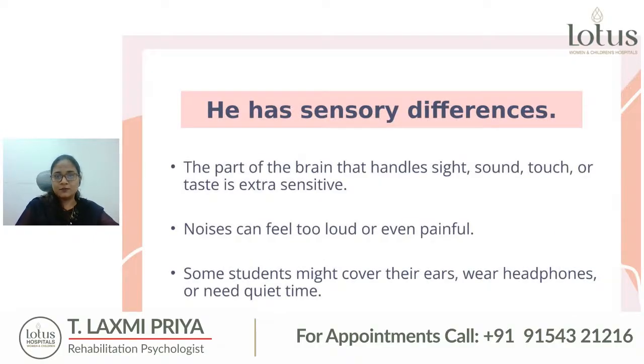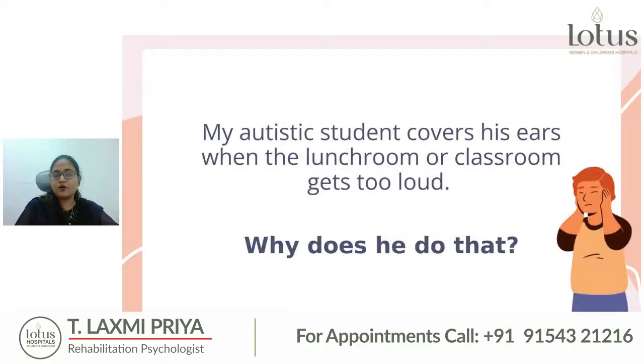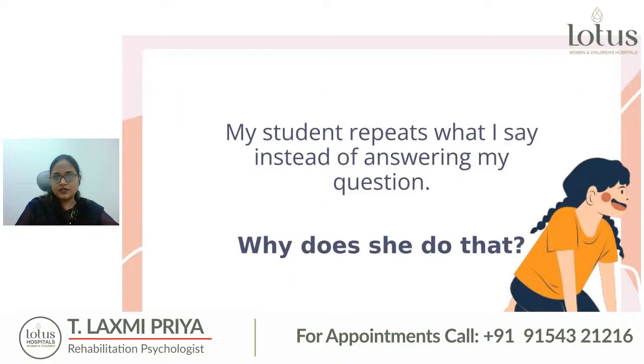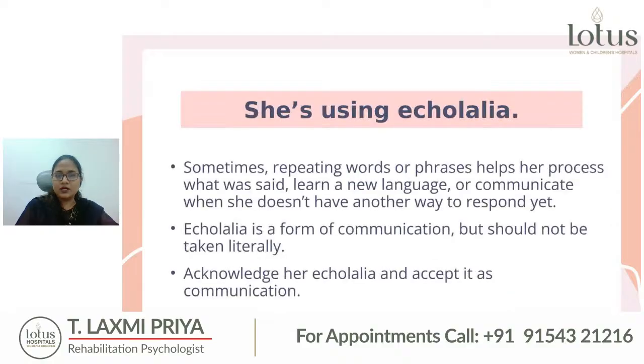Sometimes repeating words and phrases makes processing easier, so that they can learn new language and communicate better. When they don't have any other way to respond yet, echolalia is a form of communication but should not be taken literally. So acknowledge whatever they are repeating and accept it as part of their learning and communication. That's how they learn and process information.